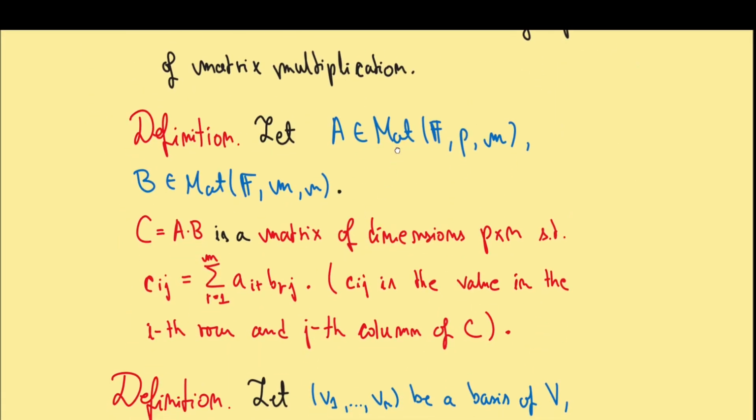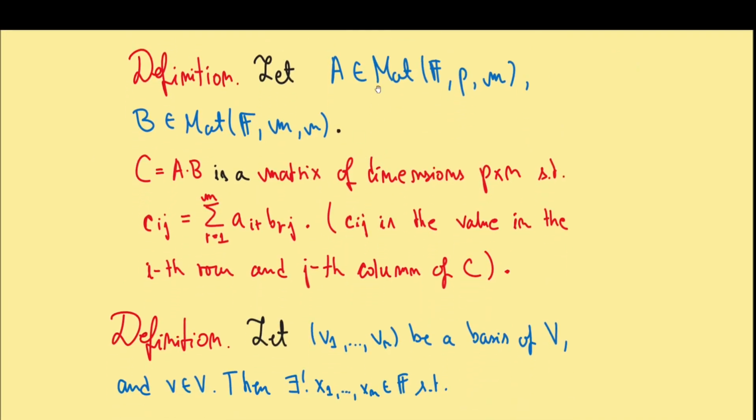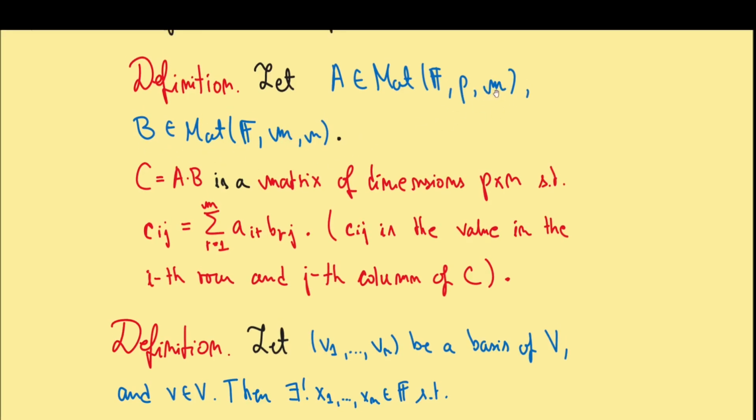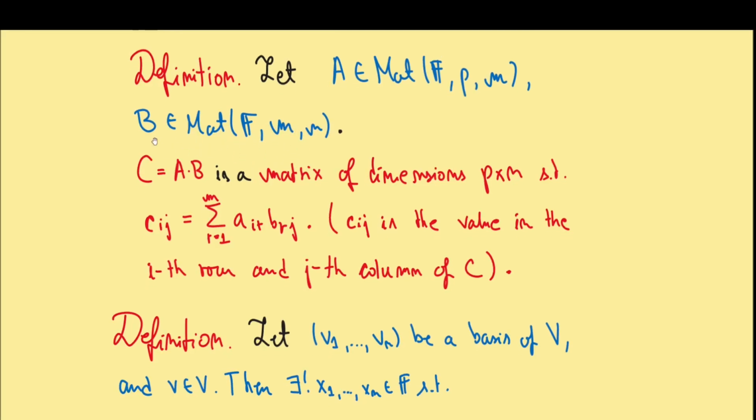So how do we define multiplication? So we have two matrices. They have to be of the appropriate dimensions, in the sense that, for example, A is of dimensions p times m. Well, B has to link with the m over here. Those have to be the same for multiplication to make sense. So B has to be, for example, of dimensions m times n.